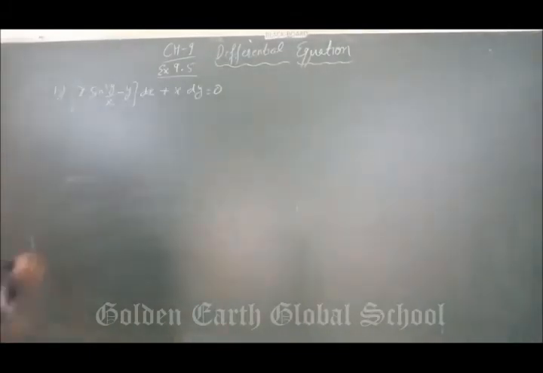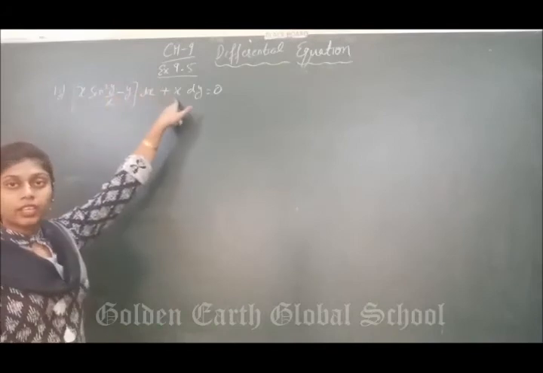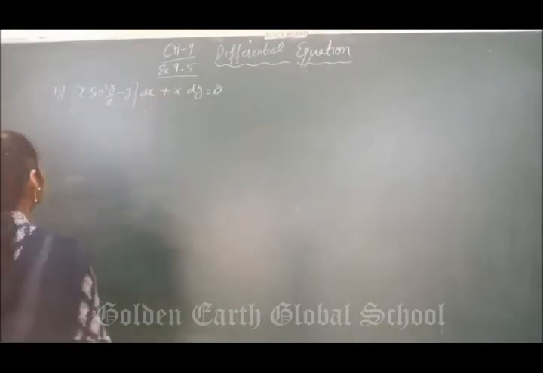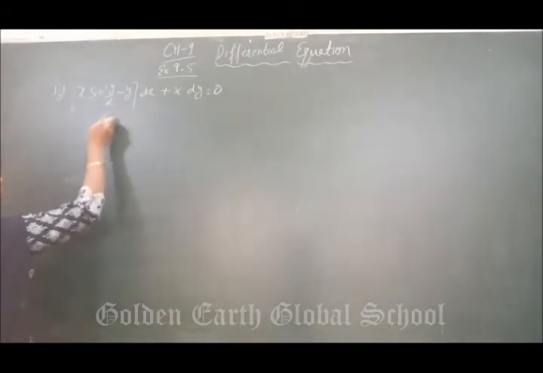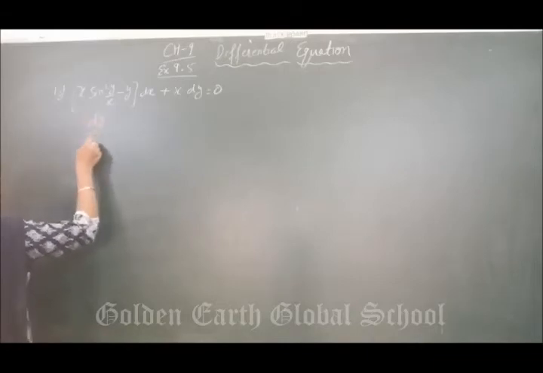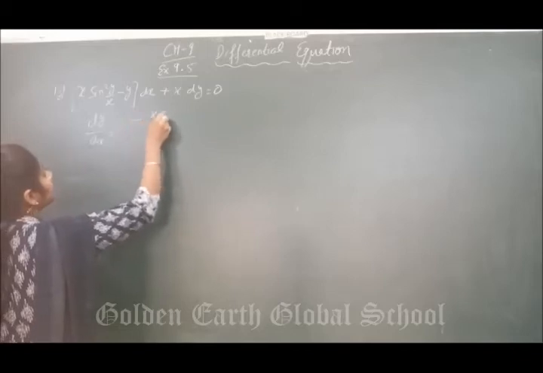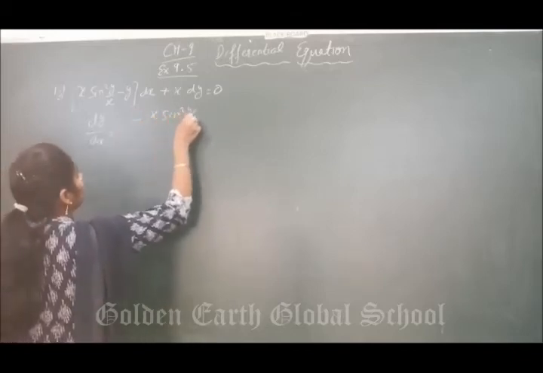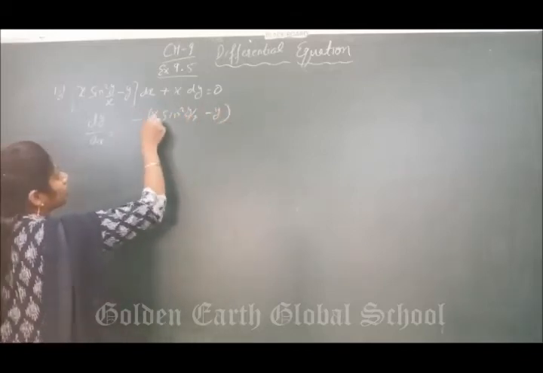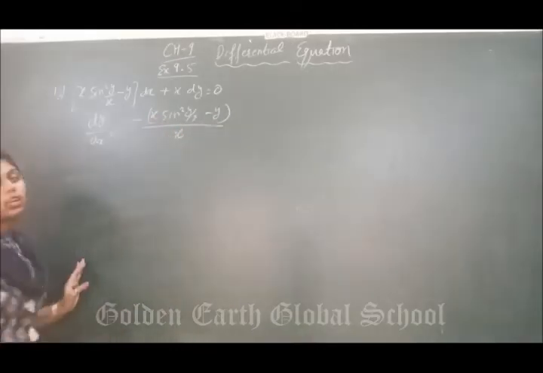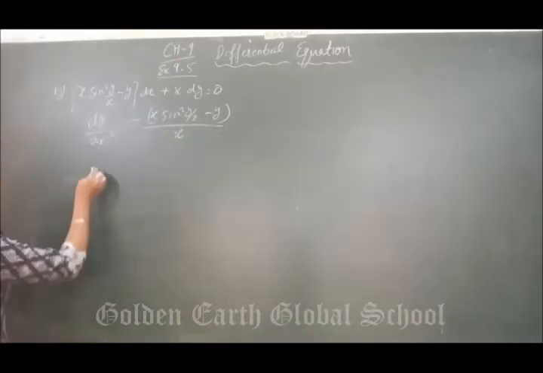The 13th question: each term contains degree 1, so this is a homogeneous equation. First of all, find dy/dx. dy/dx equals −x sin²(y/x) − y, upon x. Now put y = vx.